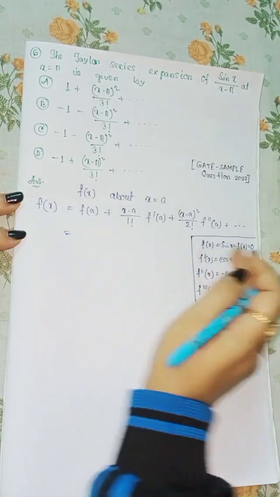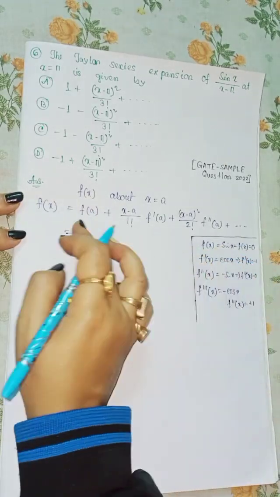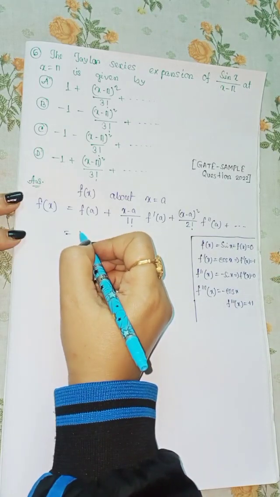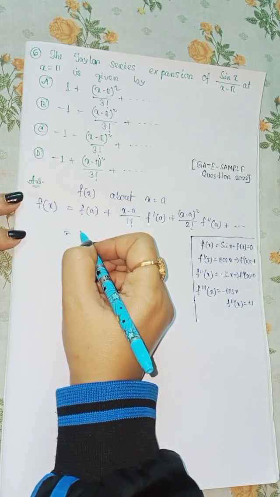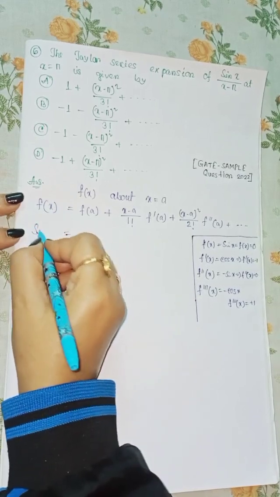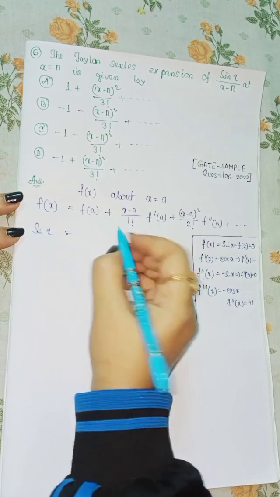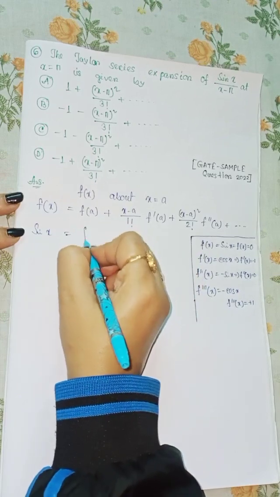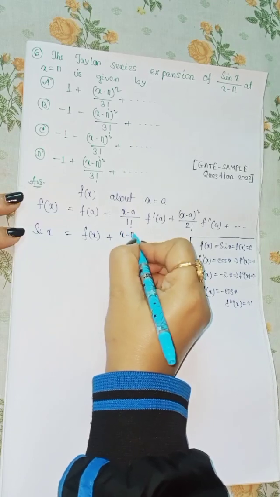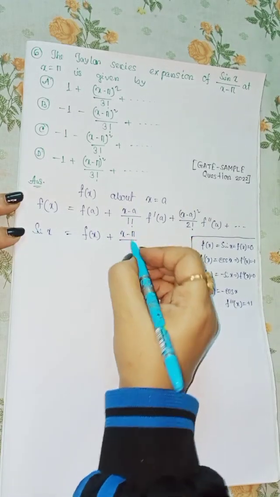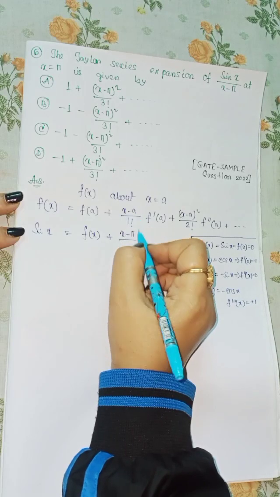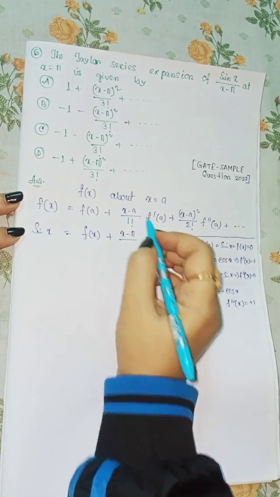So f a is equal to 0. Now f of x is equal to sin of x. So here we get f x plus x minus pi, replace a as pi.